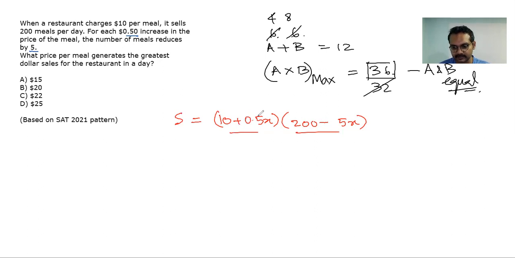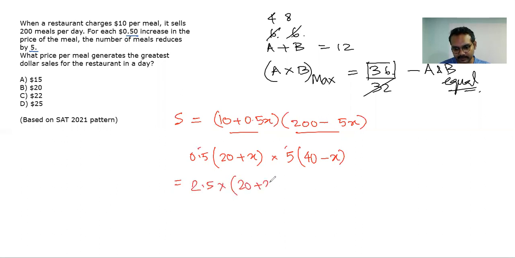In this case, it clearly does not add up to a constant. What I do is I take out that 0.5 from here outside. So this becomes 20 plus x. And I take out that 5 from here, and this becomes a 40 minus x. Now I multiply 0.5 and 5. So I get 2.5 times 20 plus x and 40 minus x.